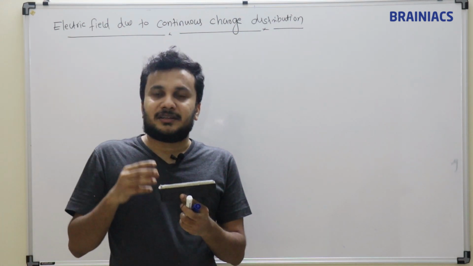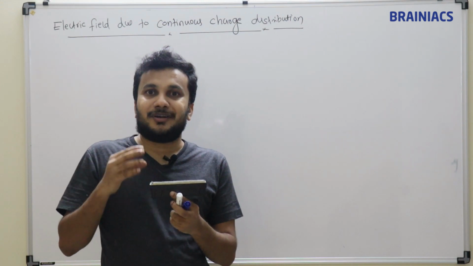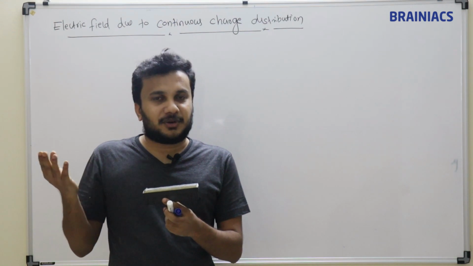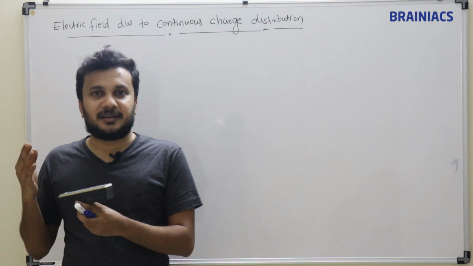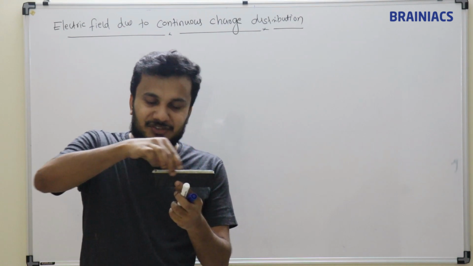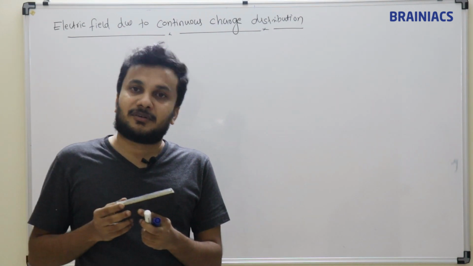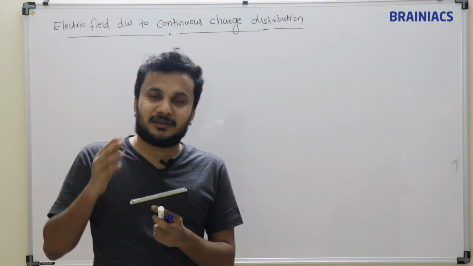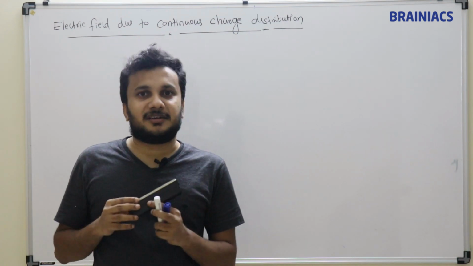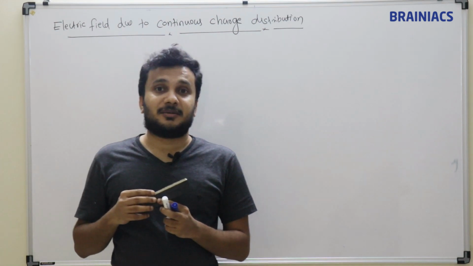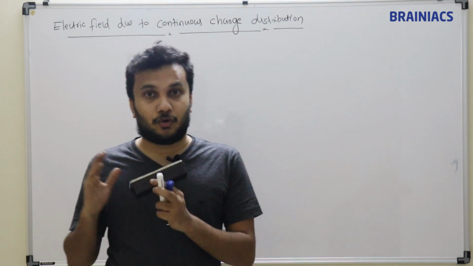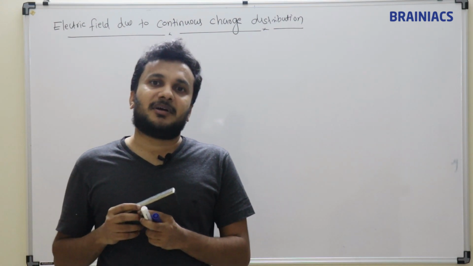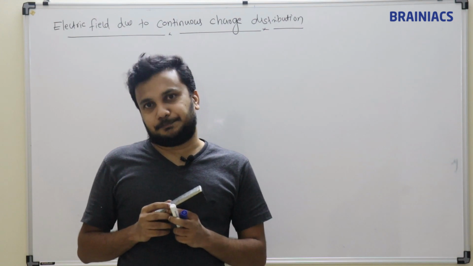So we will see continuous distributions on different bodies. For example, a metal strip, where we are going to see the electric field created by a metal strip, which is a straight wire. We are going to calculate the electric field created by a half circle, by a quadrant circle, a quarter of a circle, and then by an arc of a circle.